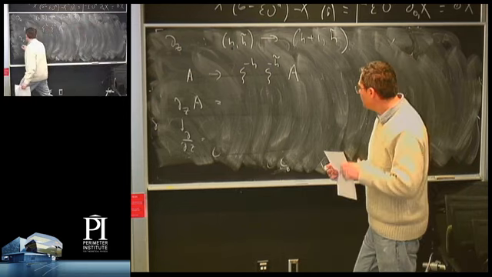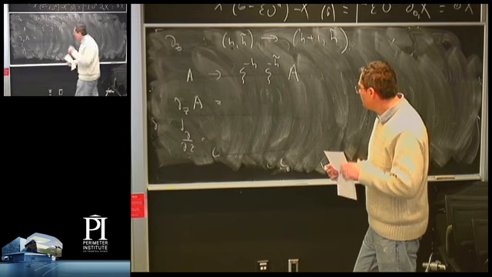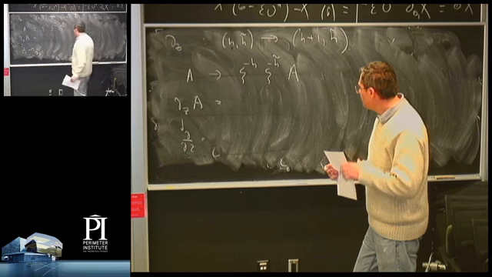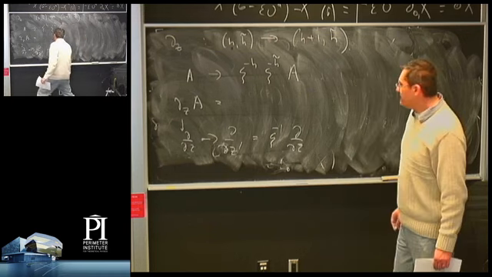Well, del over del z goes into del over del z prime, which is psi to the minus 1 del over del z.